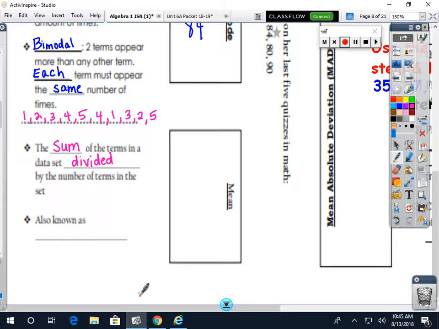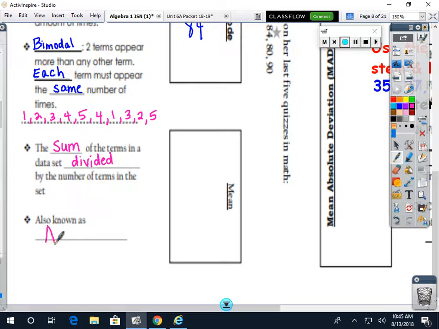What do I mean when I say the sum of the terms? All the numbers combined by what operation? Right. When you add them all up, the answer is the sum. You're going to take that sum and divide it by how many terms there are.